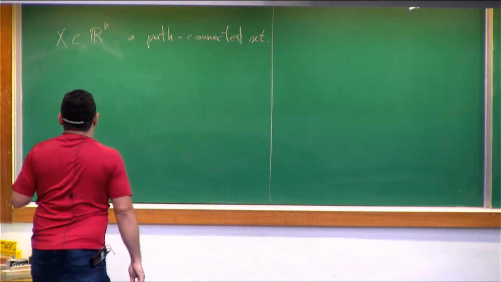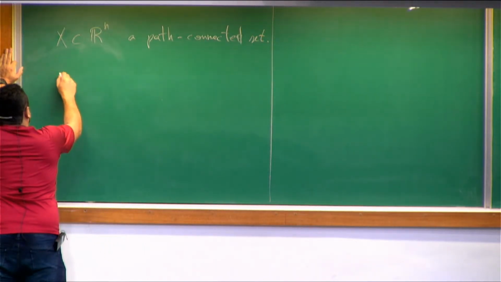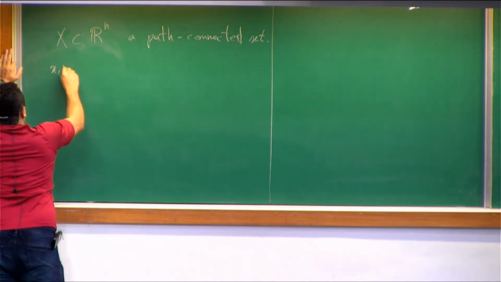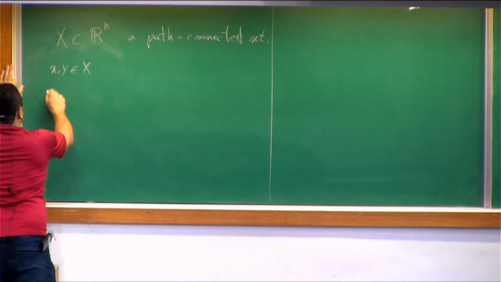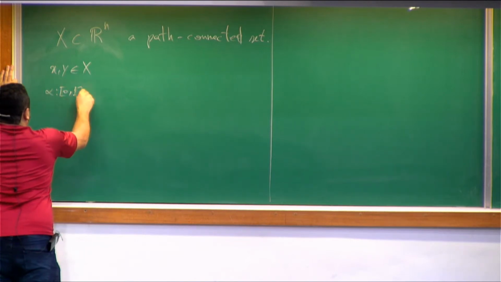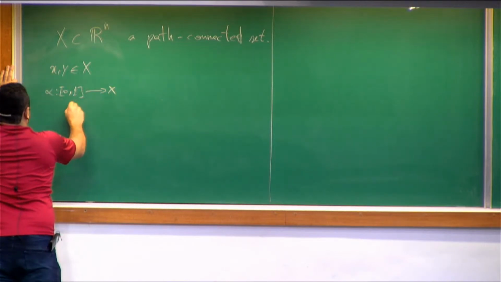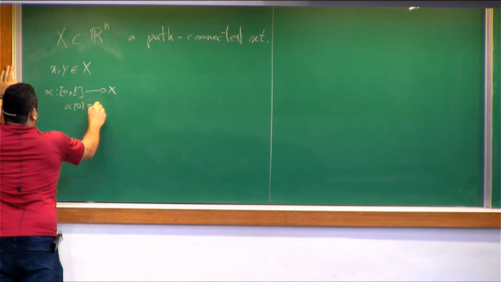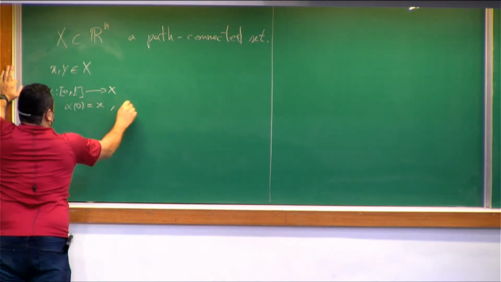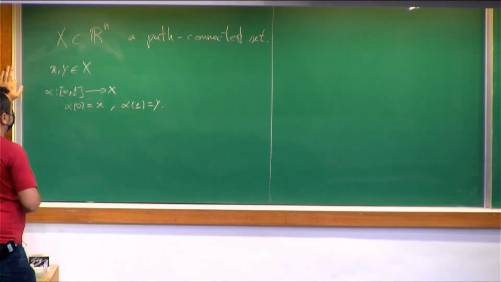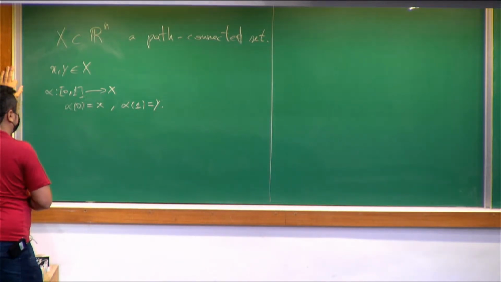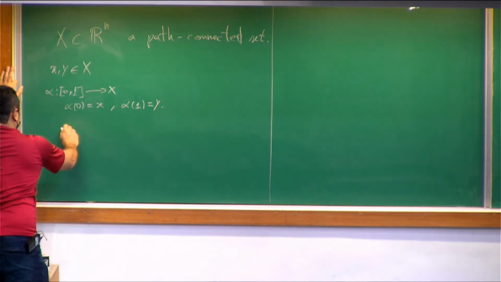If you take two points x and y in X, and you take an arc alpha from [0,1] to X connecting x and y, that means alpha of 0 is x, and alpha of 1 is y. We can define the length of alpha as follows.